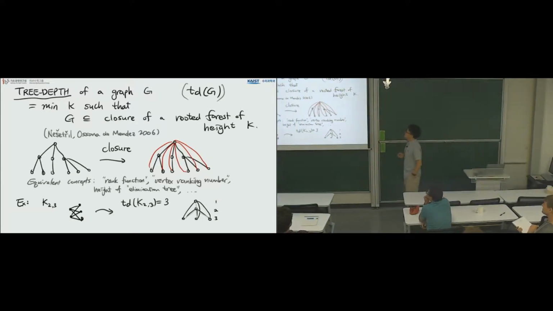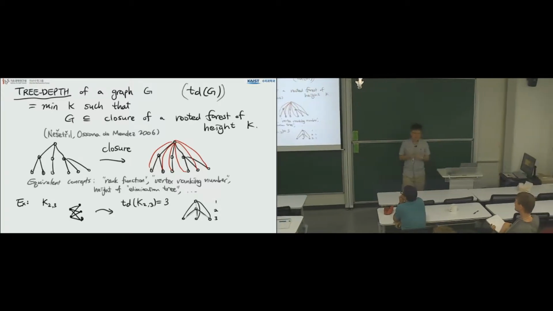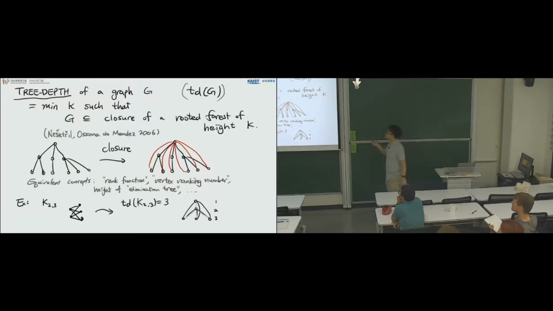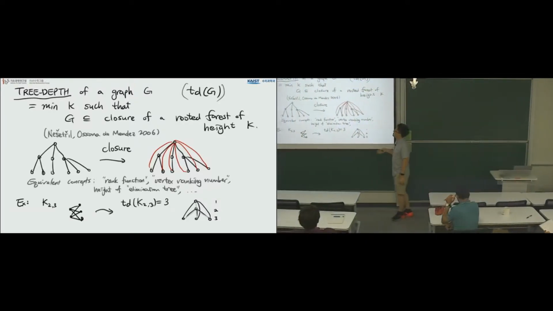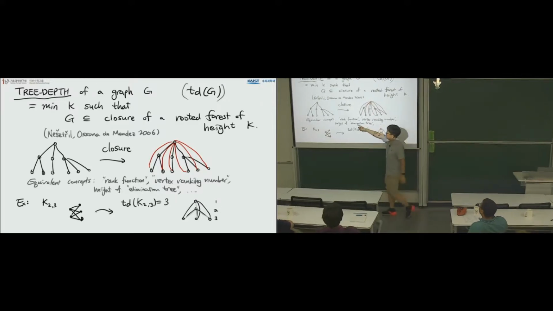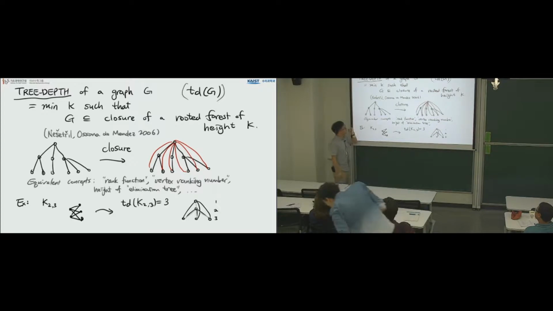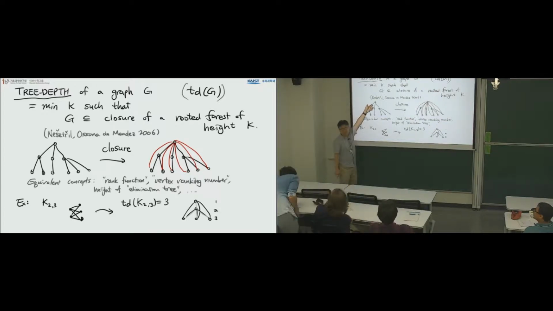So the tree depth of a graph G is the minimum K such that your graph G is a subgraph of the closure of a rooted tree of height K. So this is an example of a rooted tree, and when you take the closure, I mean you connect two vertices if they are on the same path from the root to the leaf.